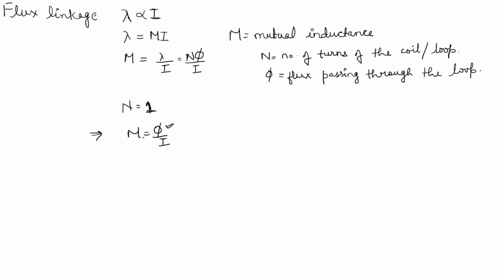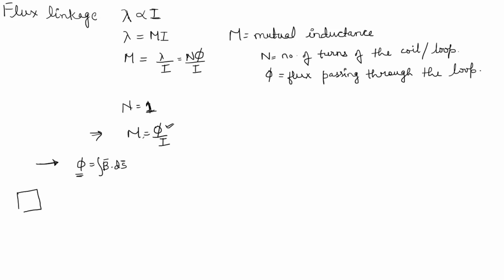Phi is equal to the integration of B dot ds, where ds is the elemental area and B is the flux density. So let's take a small elemental flux that is passing through a small area of that coil.